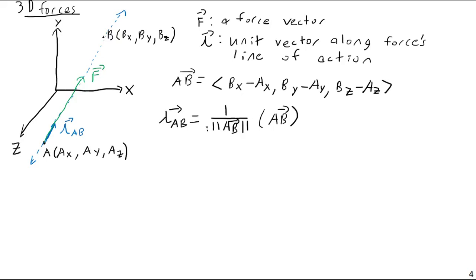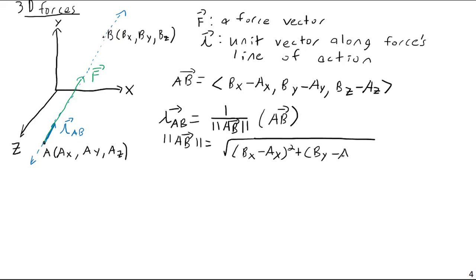So again, as a reminder, what would the magnitude of AB equal? Well, it's just the Pythagorean. It's going to be equal to the square root of bx minus ax squared plus by minus ay squared plus bz minus az squared, like so. And that is your magnitude. Simple enough.